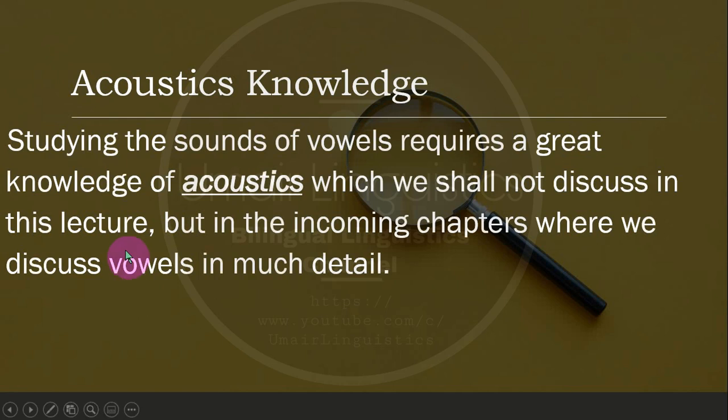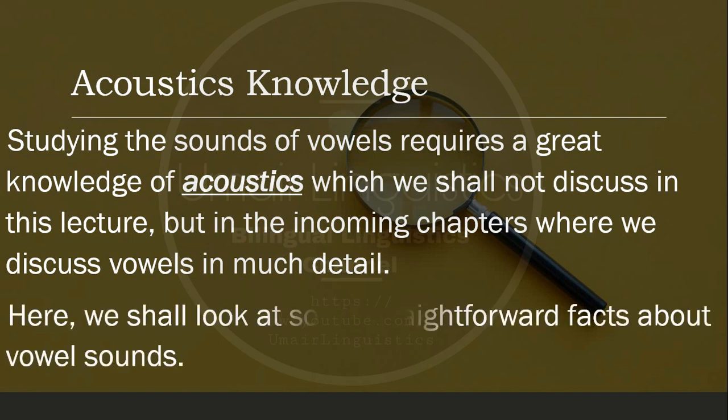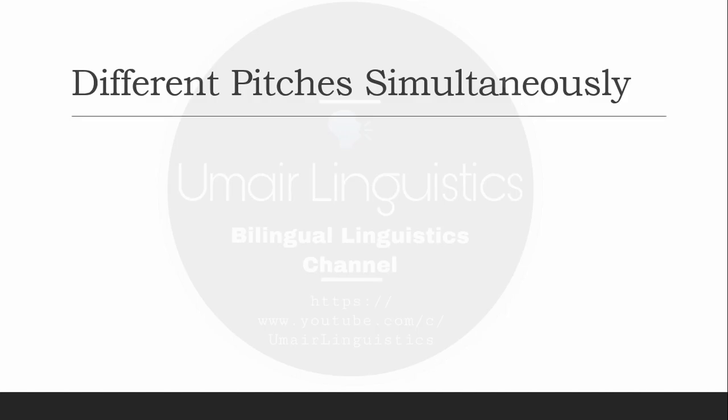First of all, to study the sounds of vowels we require a lot of knowledge of acoustics, which we shall not discuss in this lecture but in the incoming chapters. Here we shall look at some straightforward facts about vowel sounds. First of all, vowels do not have a fixed pitch, unlike musical instruments, which have one note with a specific frequency.